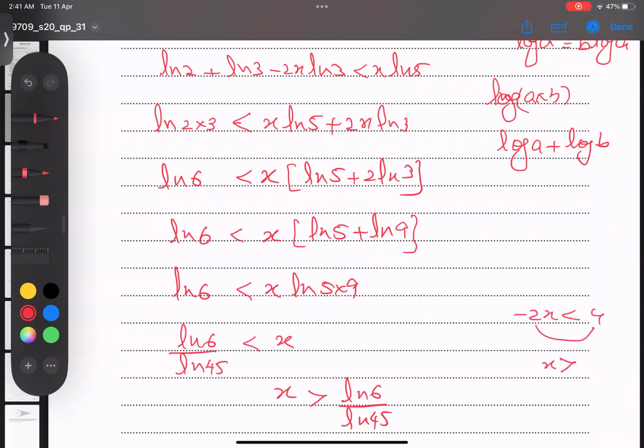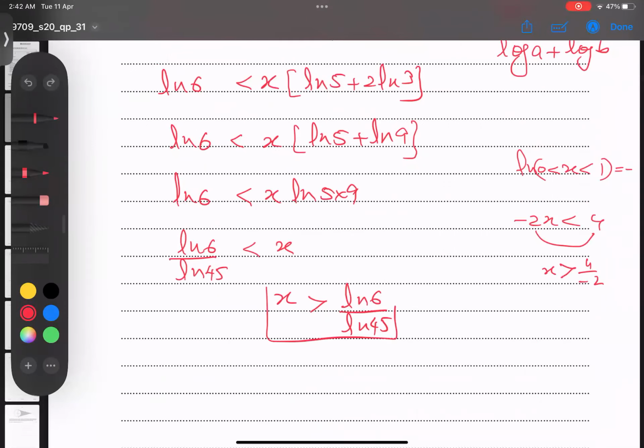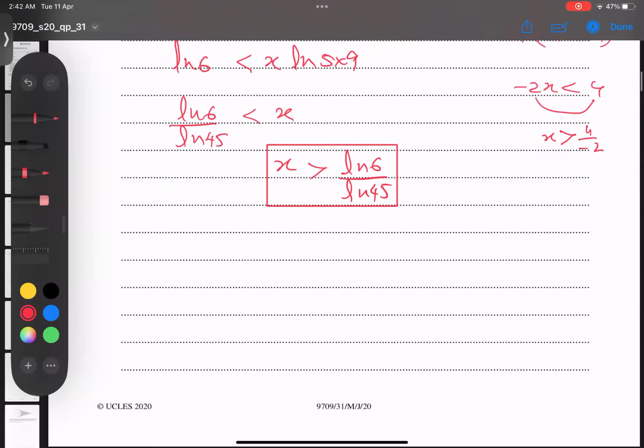If this value is less than 1 and bigger than 0, the log will always give a negative answer, make sure. So when this negative answer goes there, the inequality sign will flip. But here, luckily, this is 45, so not in the middle range. This is just an extra part I explained to you. Be careful regarding this. So this is clear.